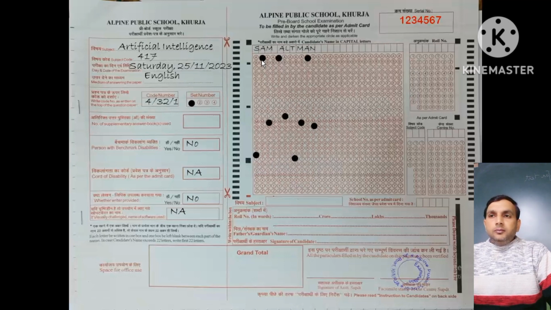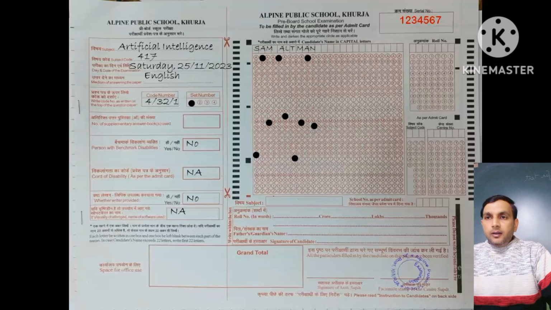One thing to keep in mind is that this darkened circle should be completely darkened, and the boundary should not be outside of this circle. Neither should there be any blank between the circles. So you have to be attentive while filling these bubbles.